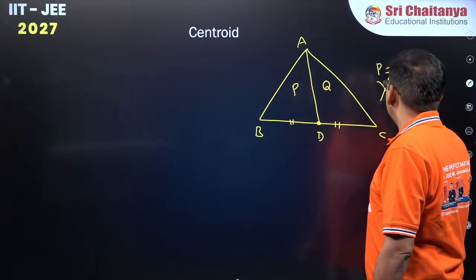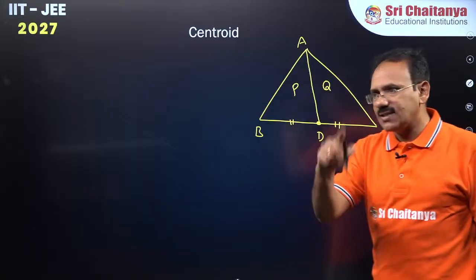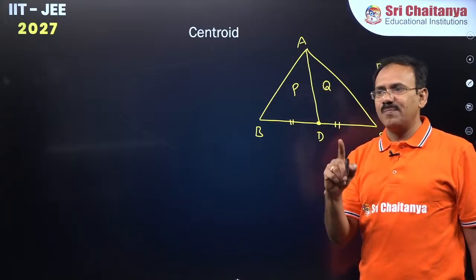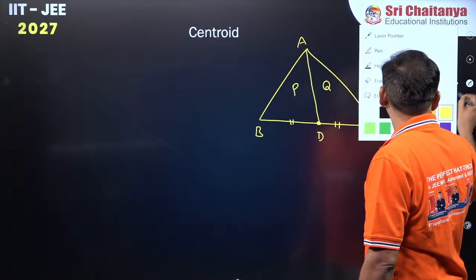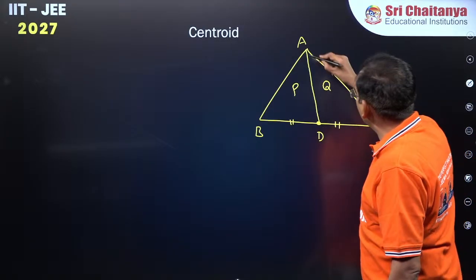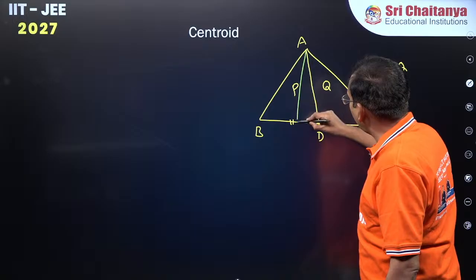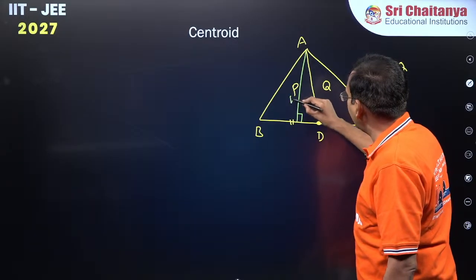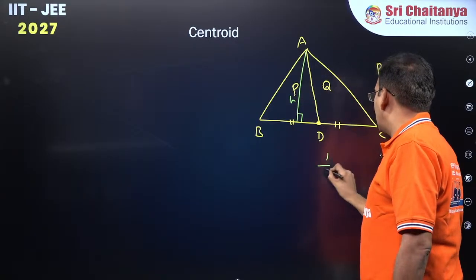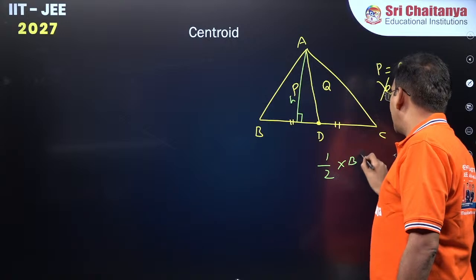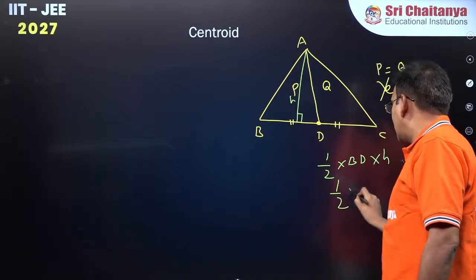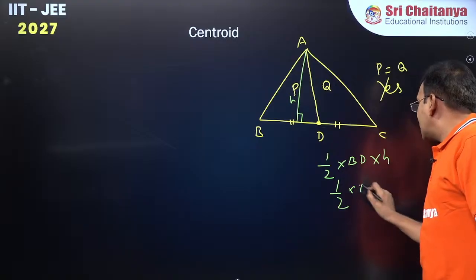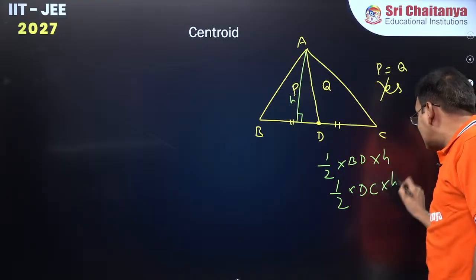Yes, they are equal. Please do remember, it is an important point, because you just drop an altitude here. Suppose from A to the base you drop an altitude, this is the height H. The first triangle's area is half into base BD into height H. The second triangle's area is half into base DC into height H itself.